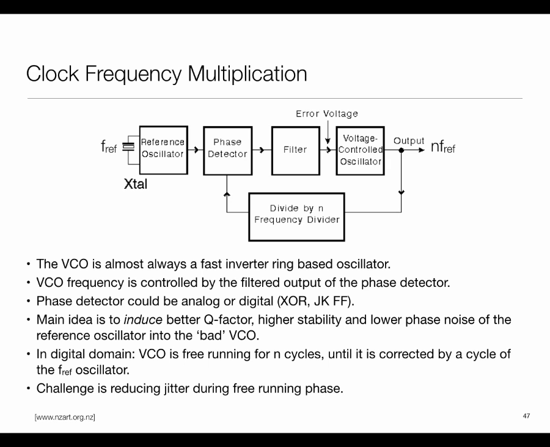The same concept can be applied for an arbitrary division also. There are these things called fractional PLLs, where you can generate some rational number multiplied by this frequency in the output. So I can generate arbitrary ratios by properly designing this circuitry.